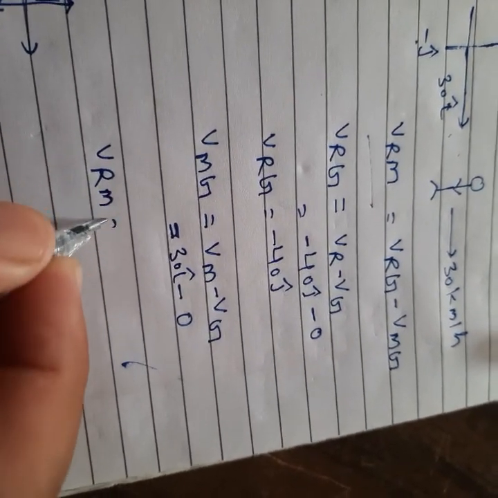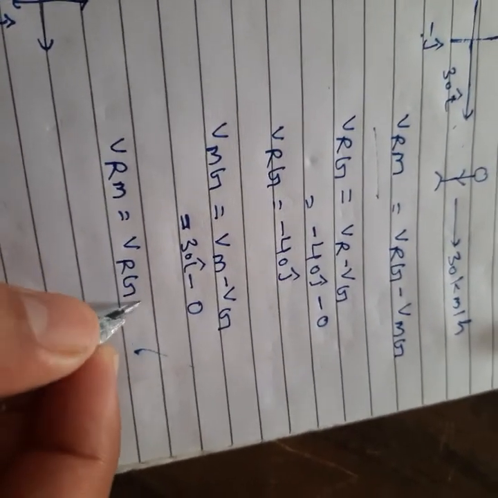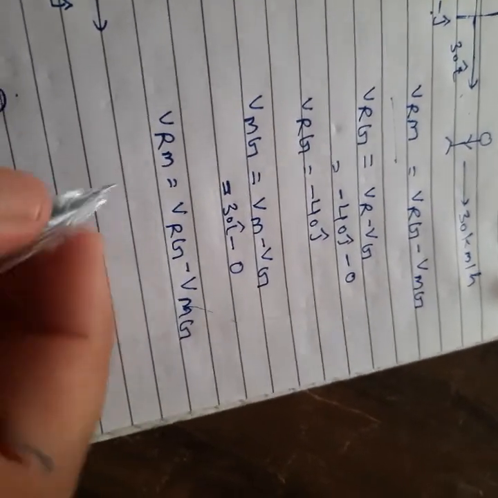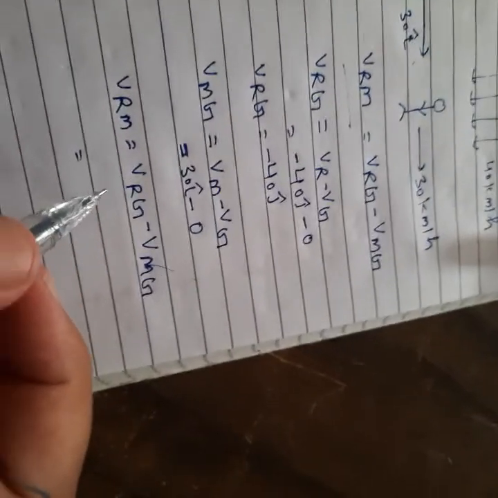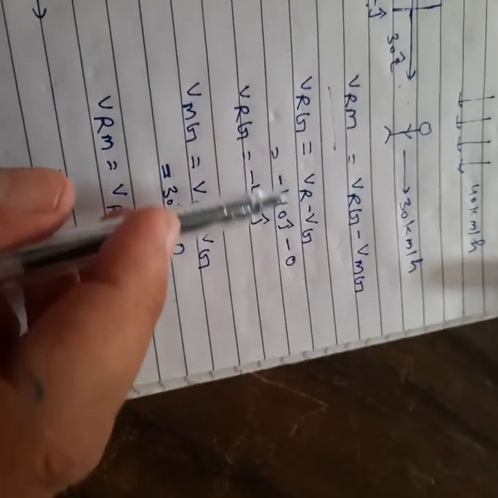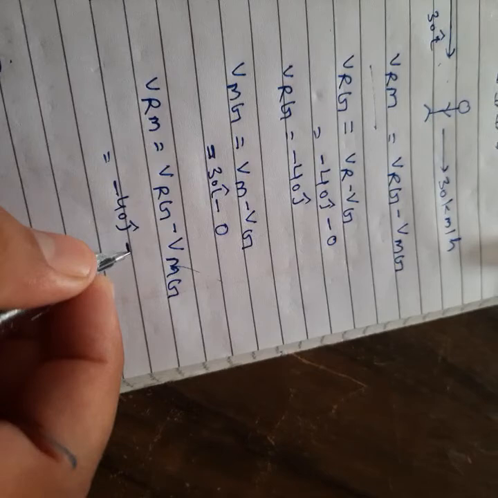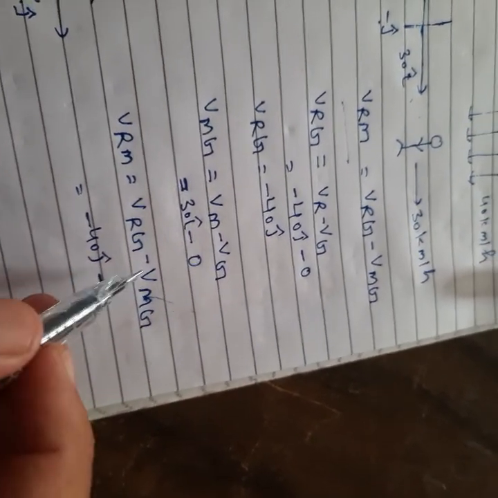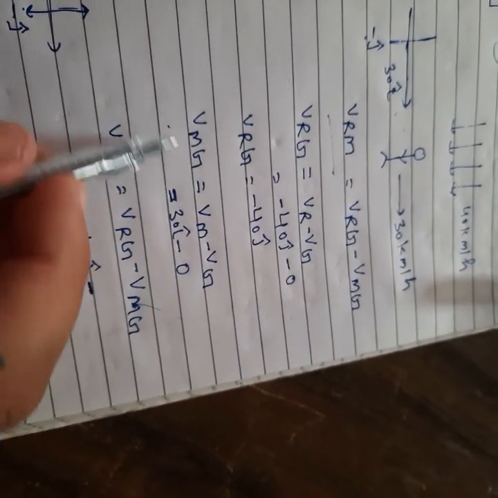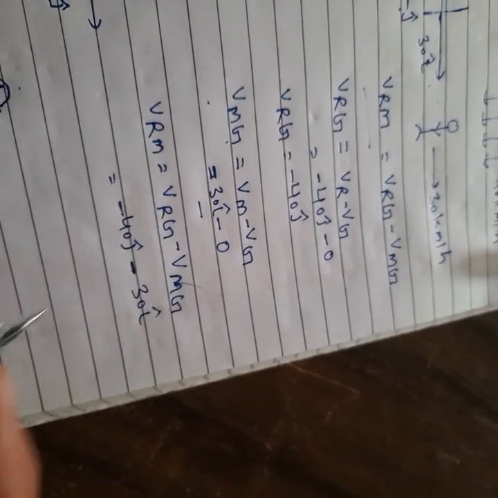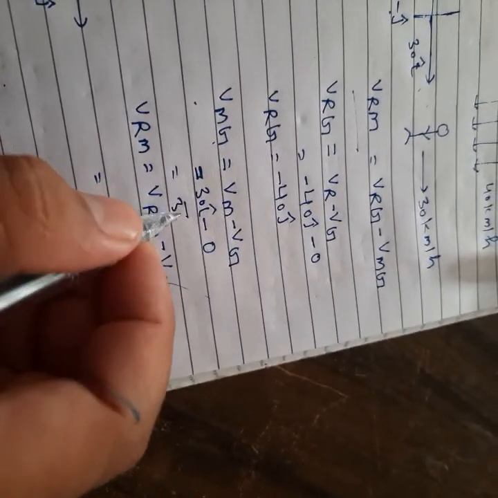Velocity of rain with respect to man means velocity of rain with respect to ground minus velocity of man with respect to ground. What is the value? Velocity of rain is minus 40j, minus, this formula, negative will come here, velocity of man with respect to ground, that is minus 30i. We'll get here 30i. Yes. Say yes or no.